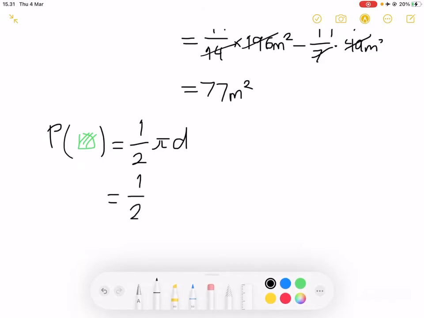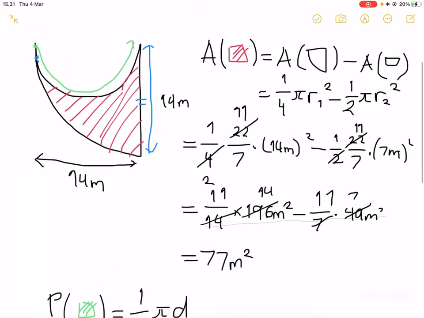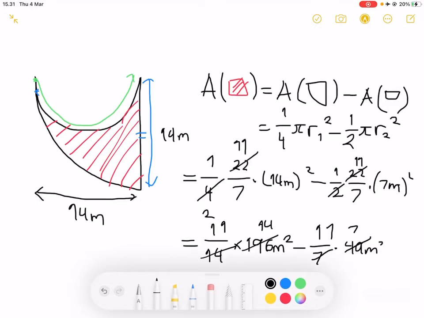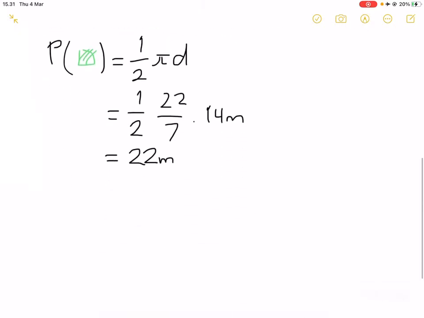So a half times 22/7 times 14 meters will be 22 meters. And then we're going to travel in this direction in red. So this direction in red is just 14 meters. It's just pretty easy to see.